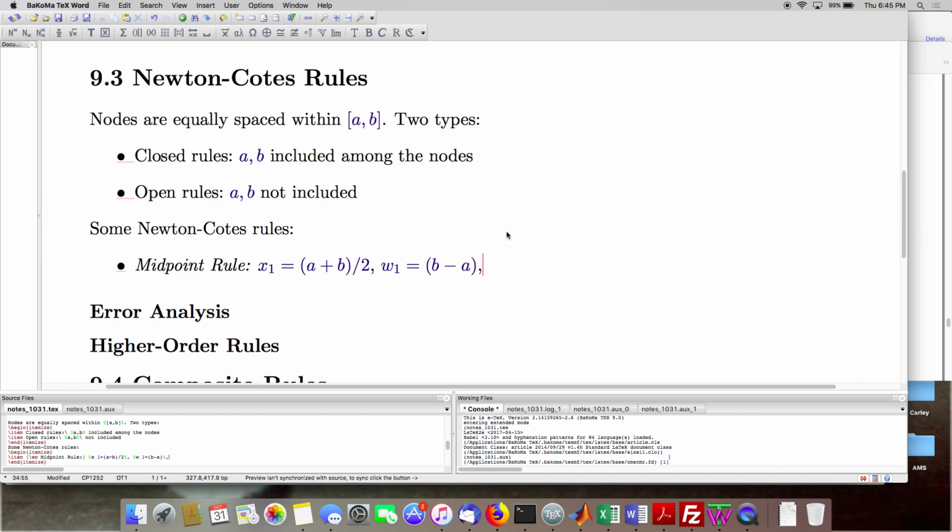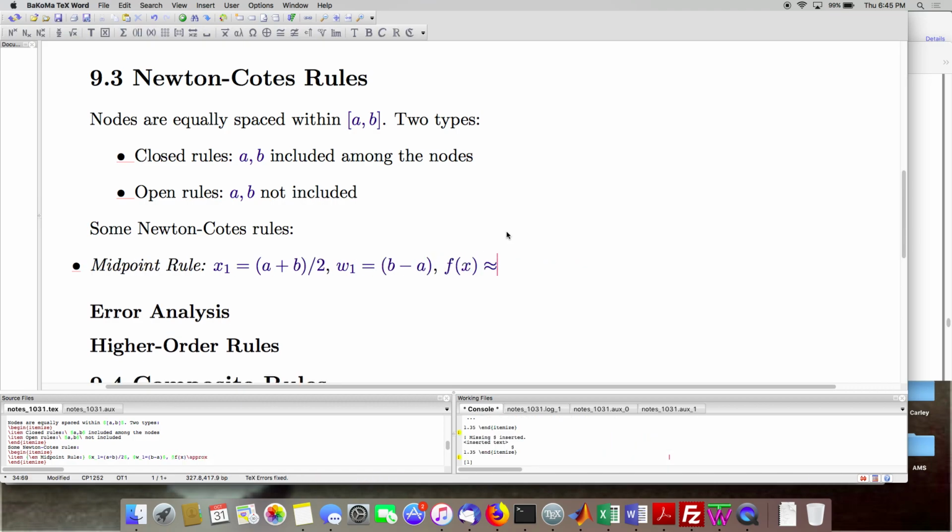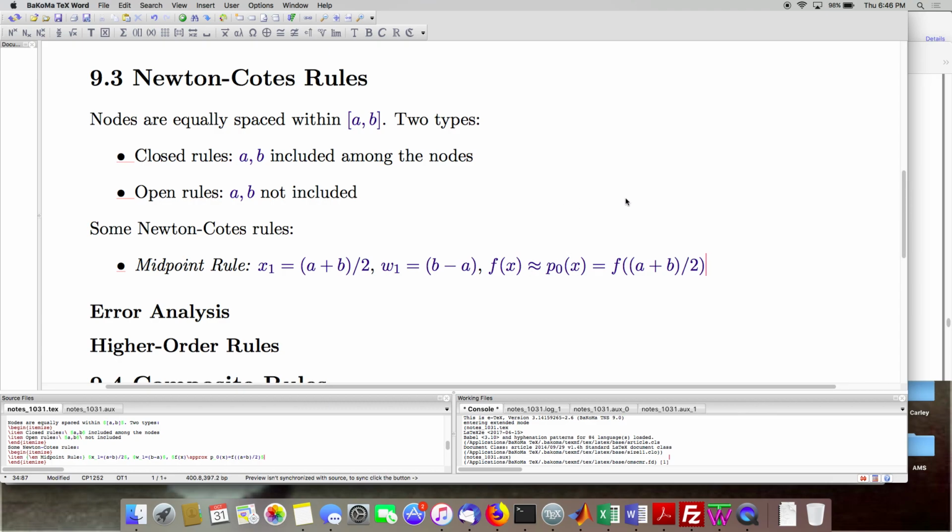What that means is f of x is approximated by a polynomial of degree 0, a constant function, which is just going to be f of (a plus b) over 2. Okay. The actual midpoint rule is going to be the integral of this polynomial.